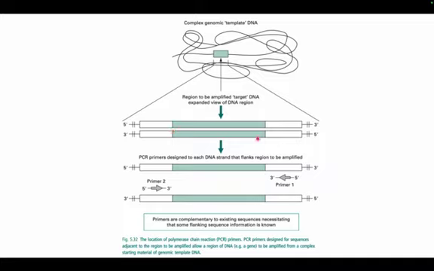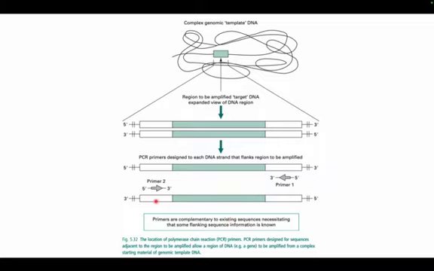So if we want to amplify this green region, we need to design primers that will bind to these 2 ends. We have to design PCR primers to flank the region to be amplified. So one is going to bind to this strand, one is going to bind to this strand. So primers are complementary to the existing sequences.